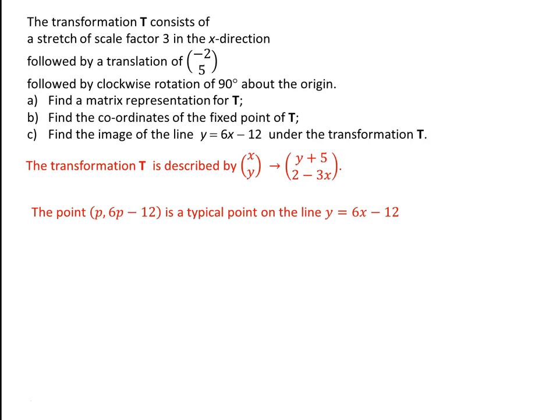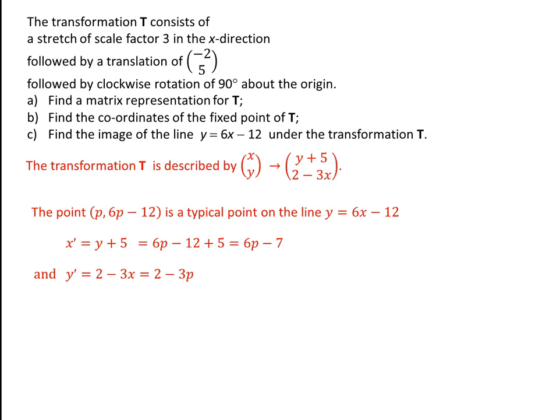The image of this point after the transformation T is going to be (x', y'), where x' is y + 5, that is x' is 6p - 12, that's the original value of y, add 5, so we've got x' is 6p - 7, and y' is 2 - 3x, so the final y value is 2 - 3 times the initial x value, so that's 2 - 3p.